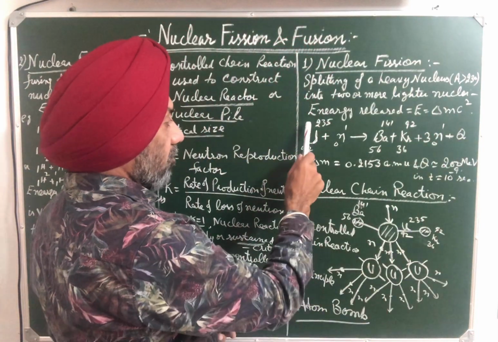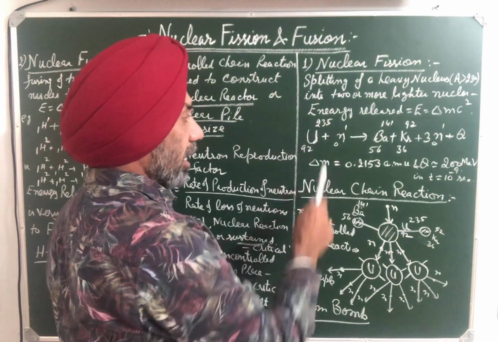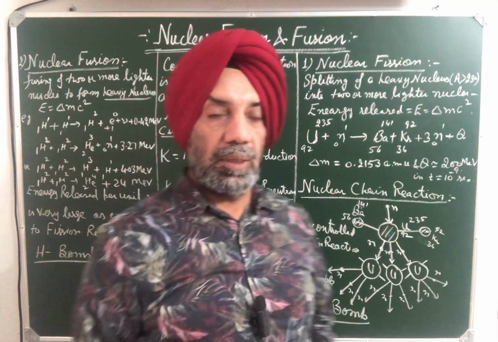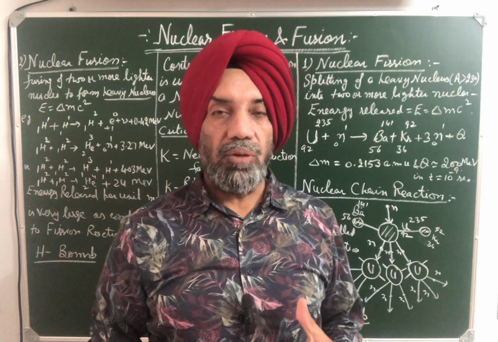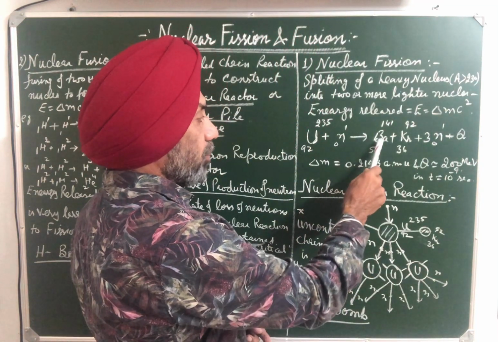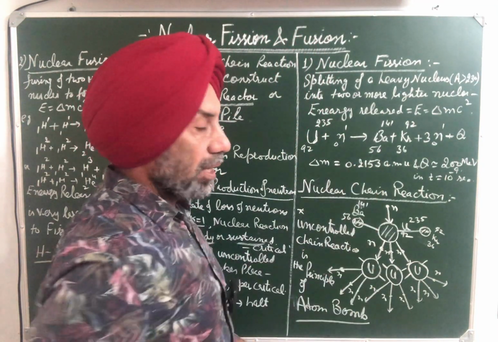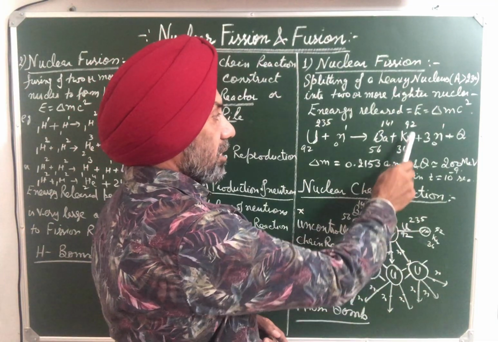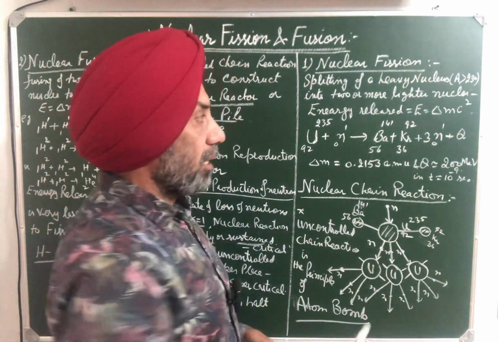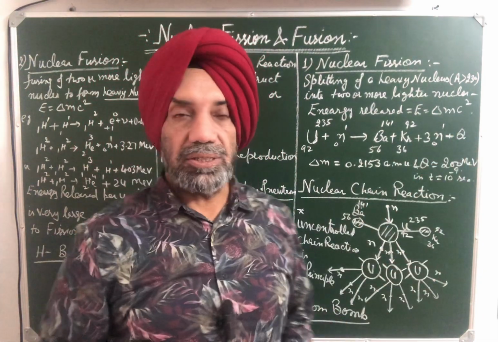For example, when uranium-235 is bombarded with a thermal neutron, what are thermal neutrons? Slow moving neutrons. Then it splits into barium-141, krypton-92, and 3 neutrons are produced and a huge amount of energy is released.